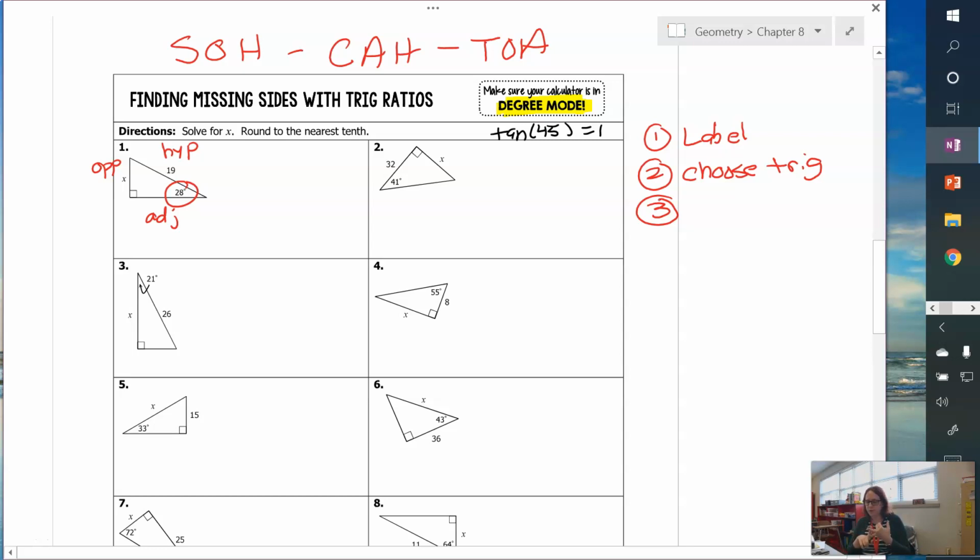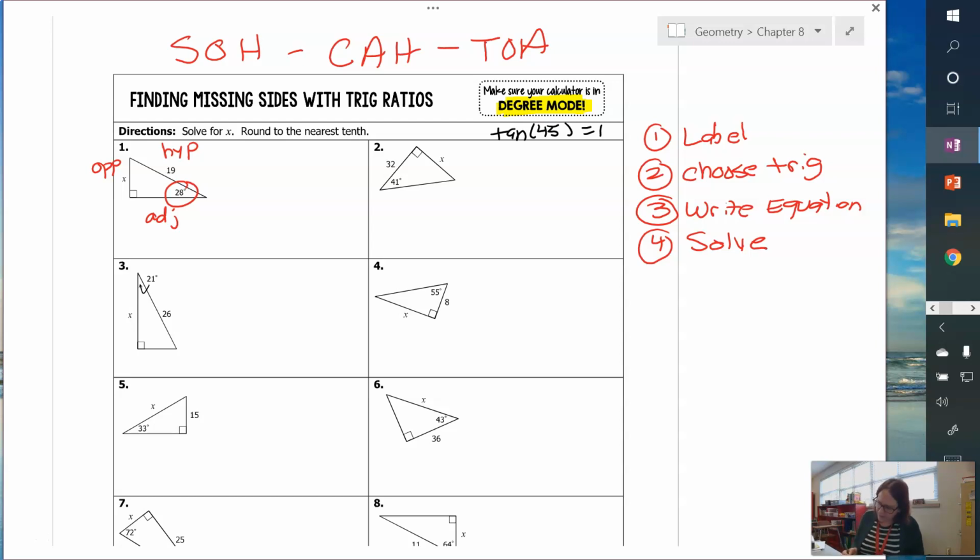Second, choose your trig function. You're going to choose sine, cosine, or tangent. And then the third thing is you're going to write your equation. And the fourth is to solve. You will need your calculator for this. So this whole process that we're going through is solely to figure out what to punch into the calculator. That's all we're doing.